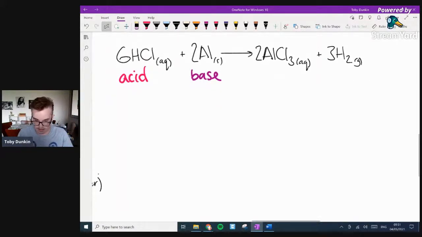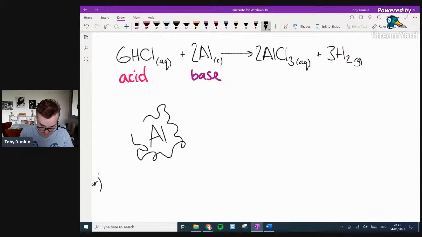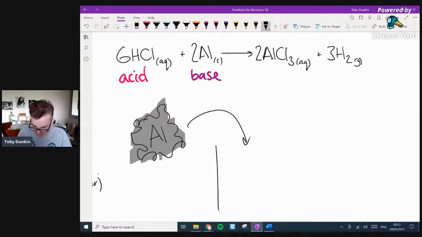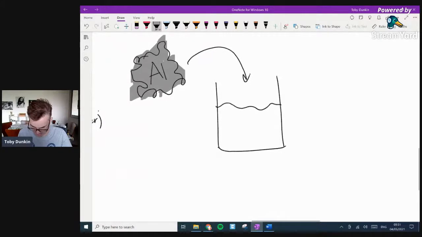So the next thing is: is aluminium metal soluble? If I take aluminium foil, silver, shiny aluminium foil, and I put it in a beaker of water, is it going to dissolve? The answer is, of course not.